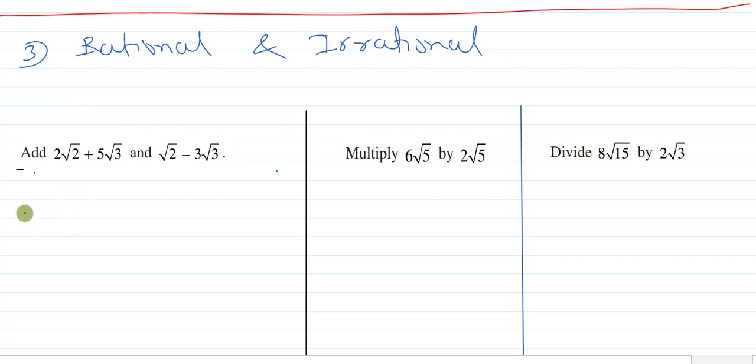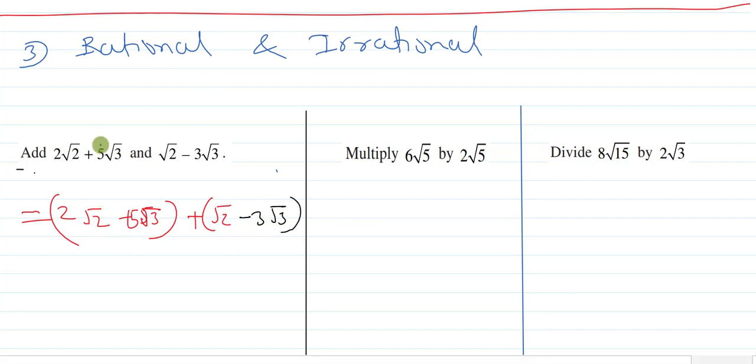Whenever you want to add, first write the numbers. Here 5 root 3 plus root 2 minus 3 root 3. Okay, so just check which irrational numbers are equal, or you can say bring all the same terms nearby.